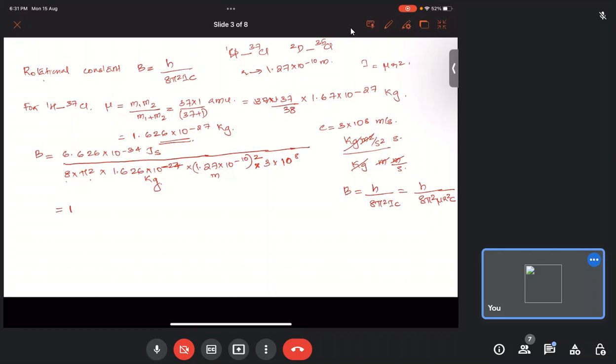So this is equal to 17.36 into 10 to the power minus 3 into 10 to the power minus 34, which is from the numerator itself. Whatever is in the denominator as 10 to the power minus 27 will become 10 to the power 27 when it comes to the numerator.